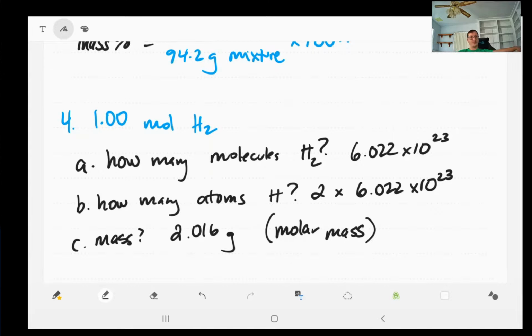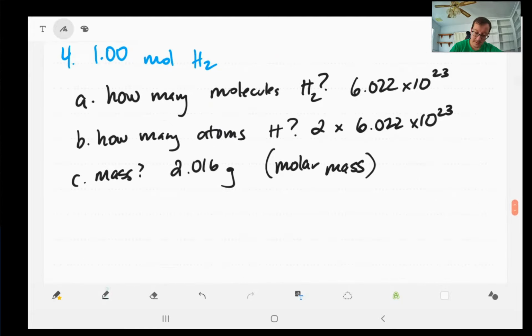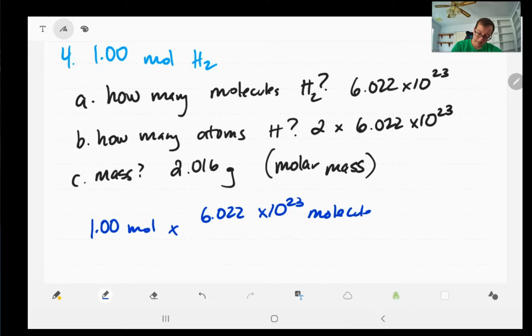So, thankfully, because it's just 1 mole. If we really wanted to formalize this, we would say, okay, well, we've got 1 mole times 6.022 molecules for 1 mole. And so 1 times 6 is 6, right?